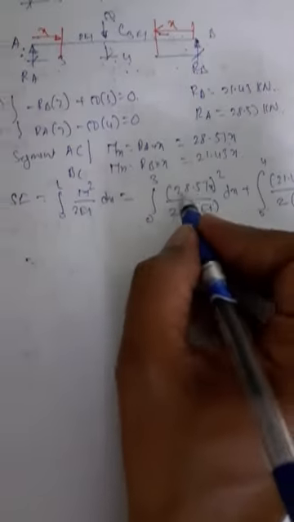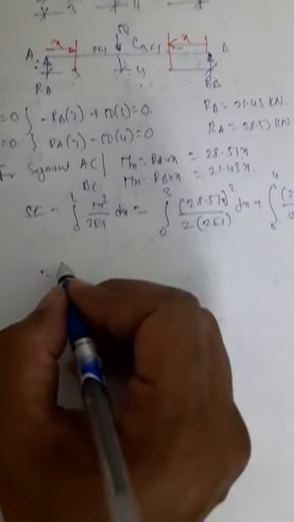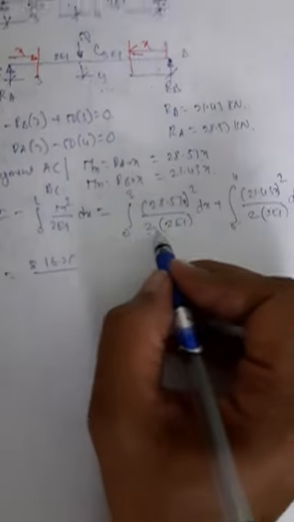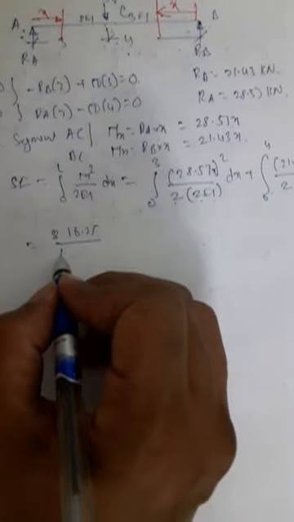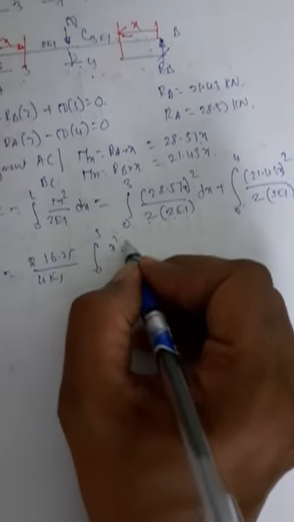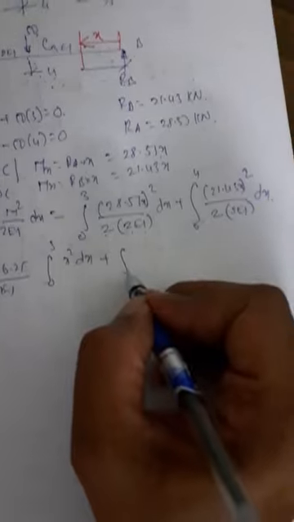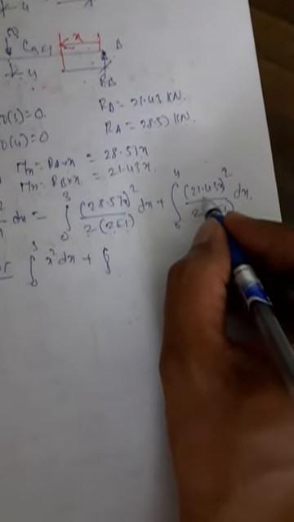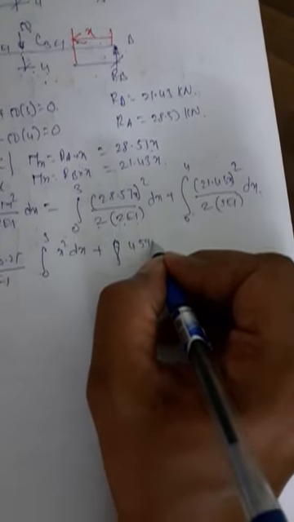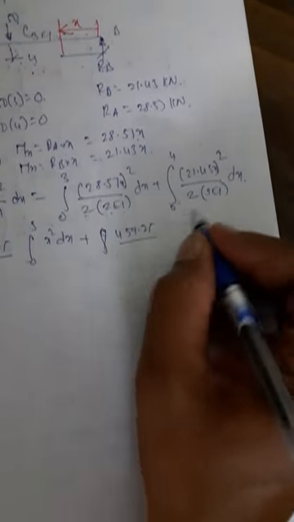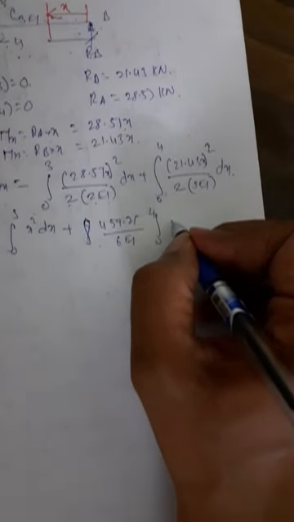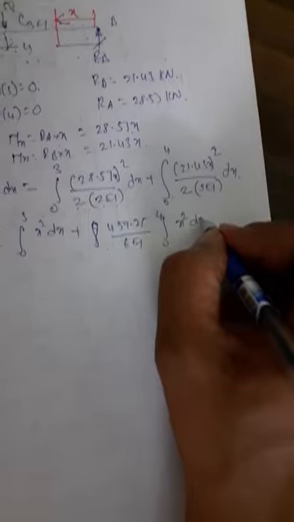So solving this I get 28.57 bracket square, so 816.25 divided by 2 into 2 EI, 4 EI, 0 to 3 x square dx, plus 21.43 bracket square, 459.25 divided by 2 into 3, 6 EI, 0 to 4 x square dx.